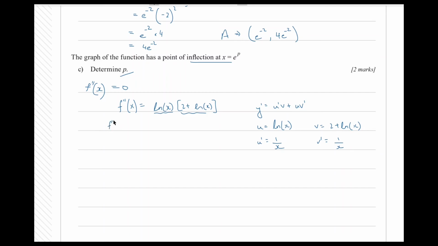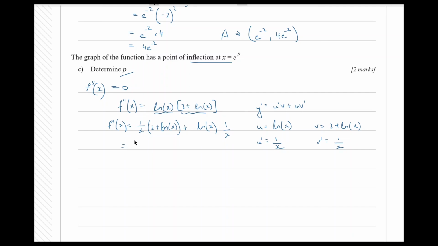So we can derive that here. That's going to be 1 on x times v plus u, which is ln x, times v dash, which is 1 on x.